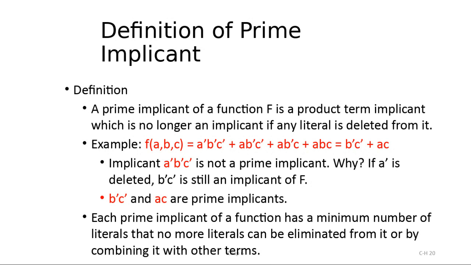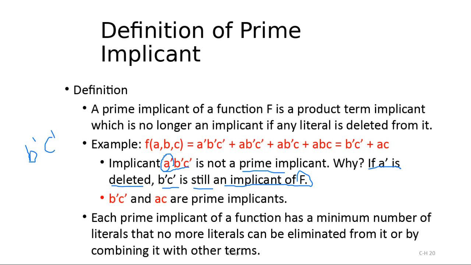So let's see the expression again. We say that A not B not C is a prime implicant. But there is an exception about A. Because if A is deleted, not B and not C is still an implicant of F. So you can use not B and not C for that.